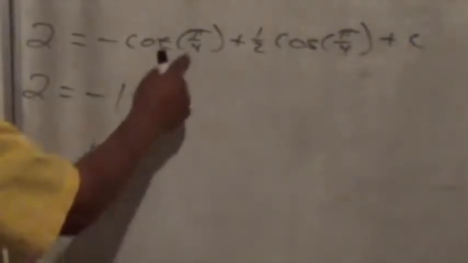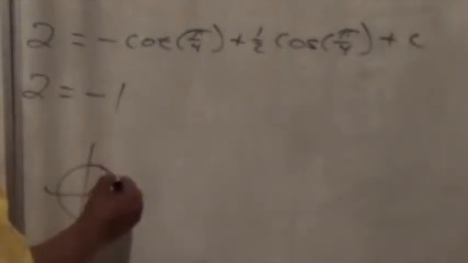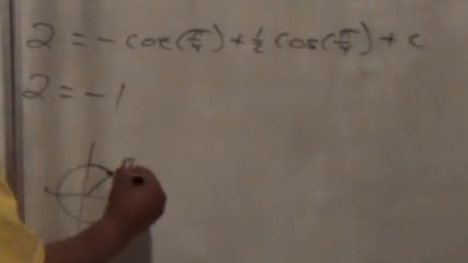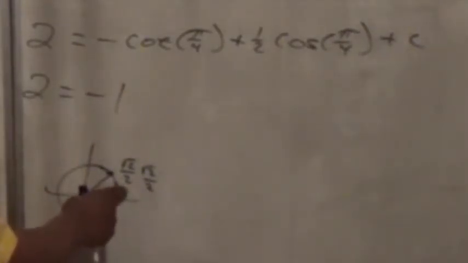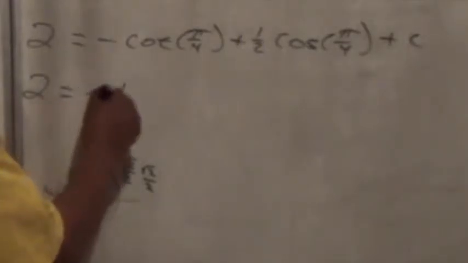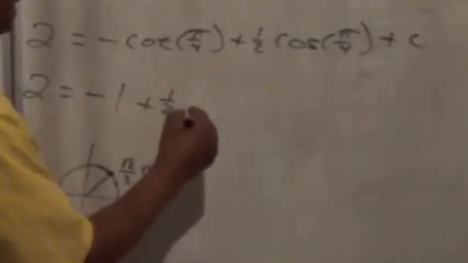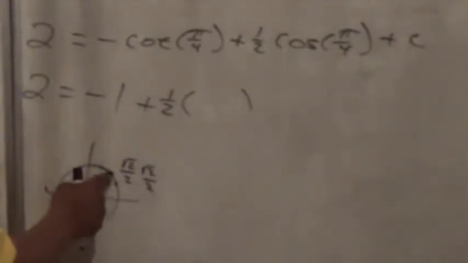And the reason why I knew that is because the quarter angle is right about there, okay? And both x and y are the same values. And so the cotangent is simply your x divided by y. So this value divided by this value, which is going to be 1. Plus 1/2. Now we're talking about the cosine for the same place. The cosine here, which is your x value, is going to be square root of 2 over 2.